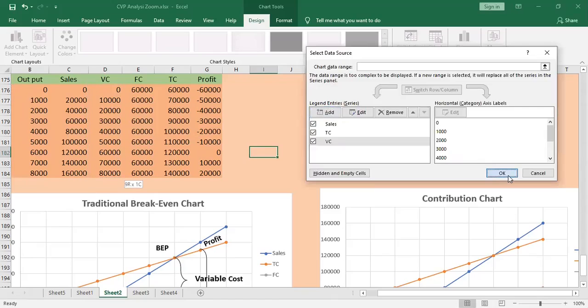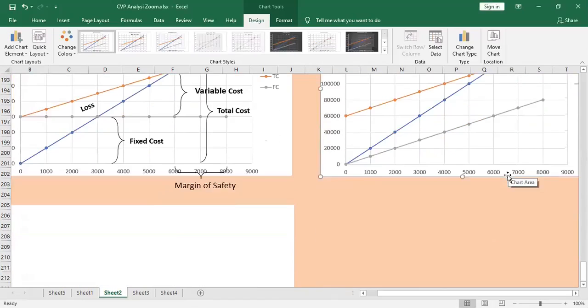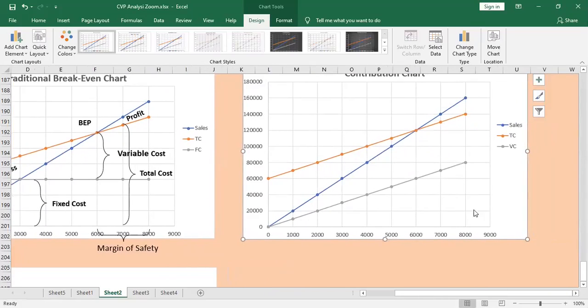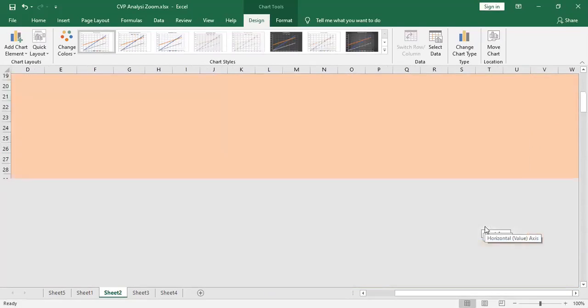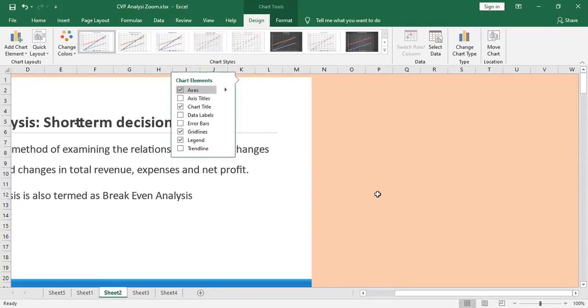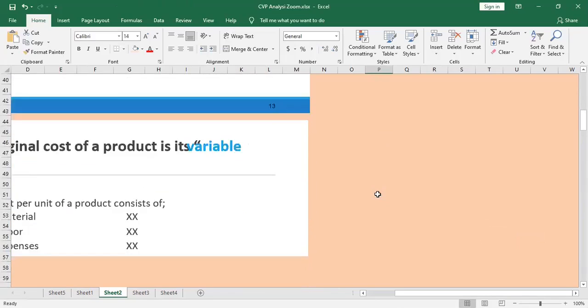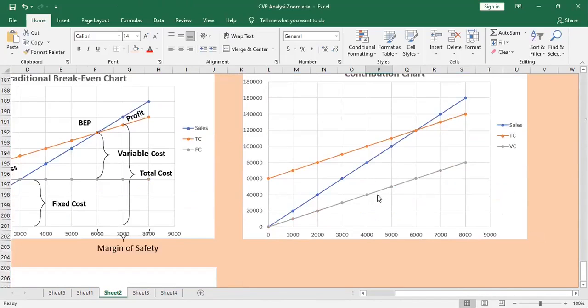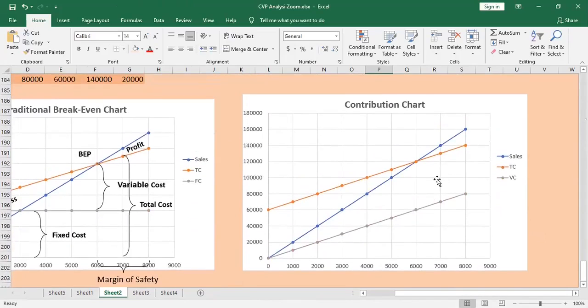Right. Now this way you can see clearly in here, we have the blue line, which is sales, the orange one, total cost, and the gray one is total variable cost.